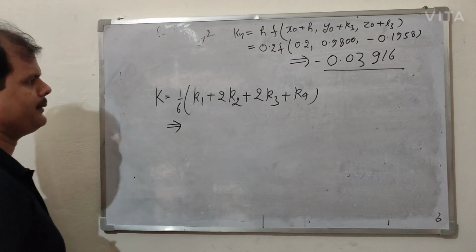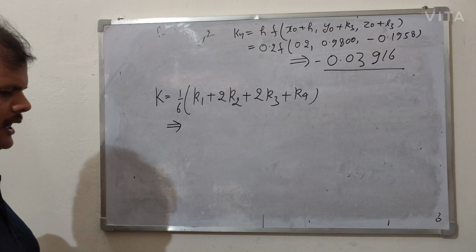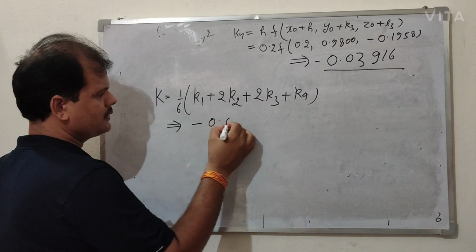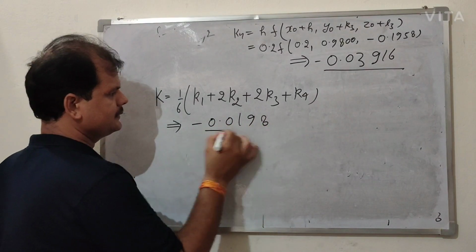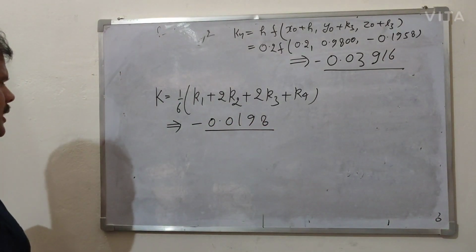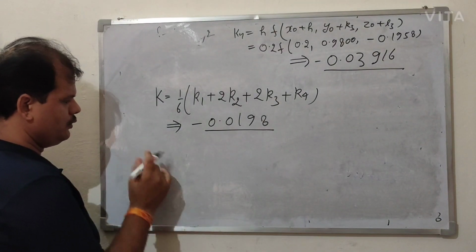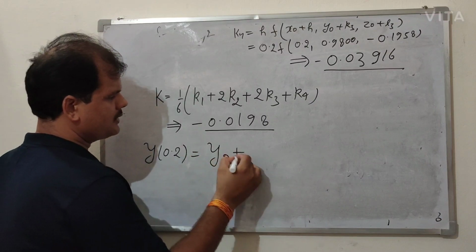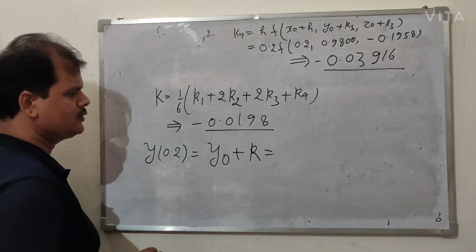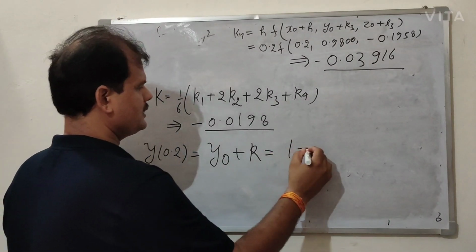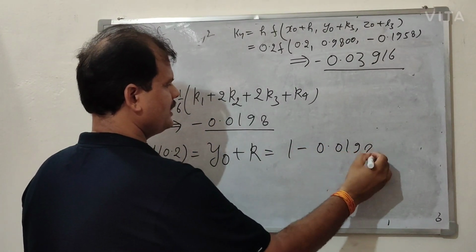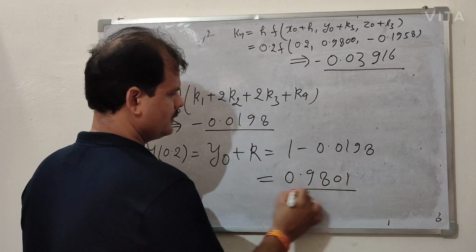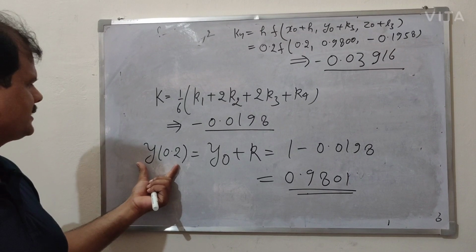If you substitute these K1, K2, K3, K4 values and simplify, we get minus 0.0198. So this is your K. Now your solution y at 0.2 equal to y0 plus K. So y0 was 1, so 1 minus 0.0198. So your answer will be 0.980, that is y at x equal to 0.2.